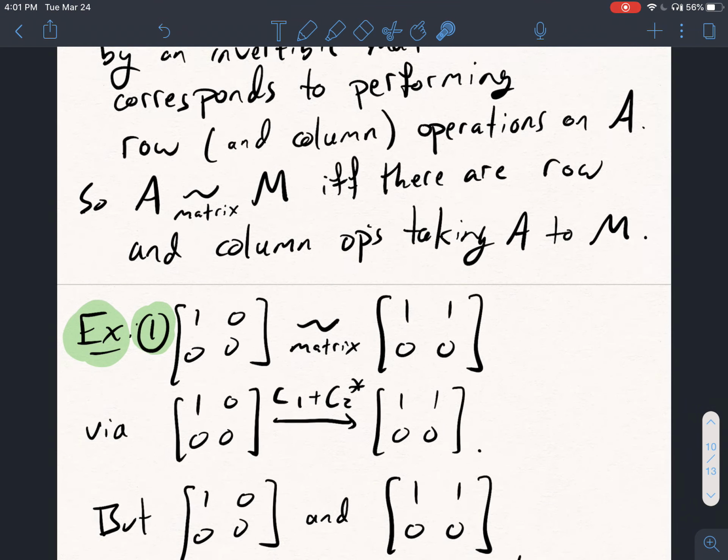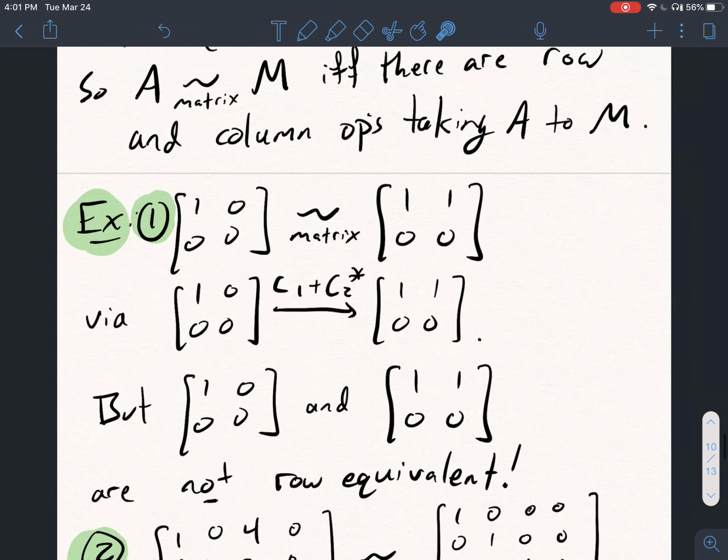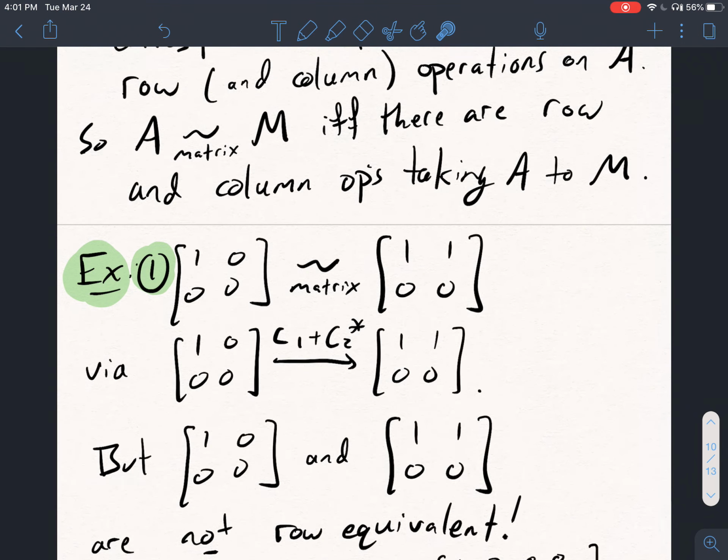However, they are not row equivalent, and this is because any row operation that I do to this matrix here, in particular, if I multiply any row by a constant or add any multiple of row 1 or row 2 to the other, or do any row swaps, the second column is always going to stay a column of all zeros.